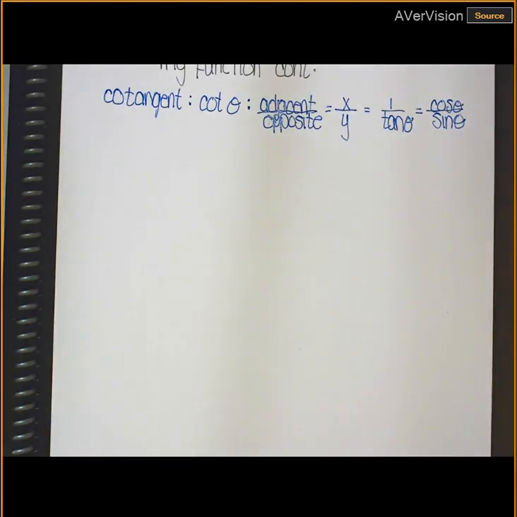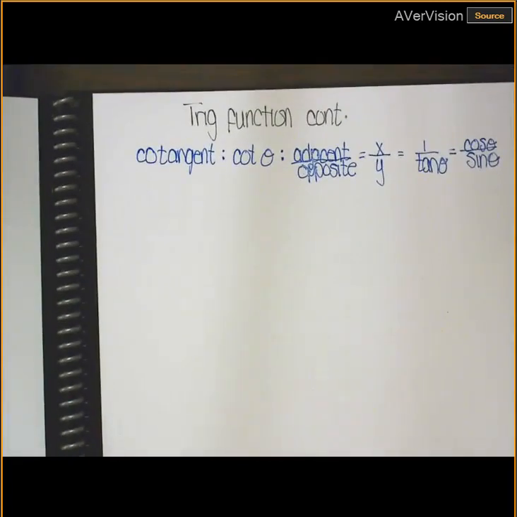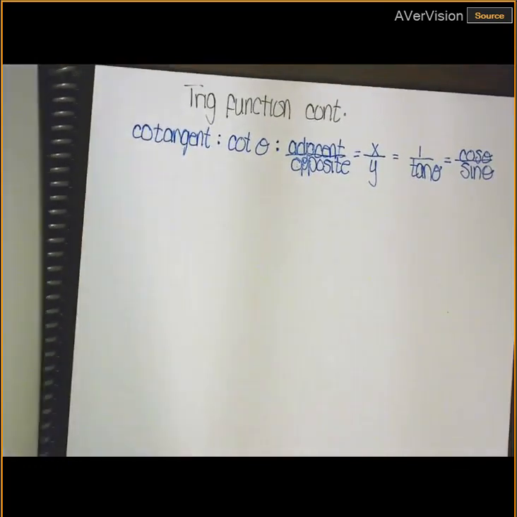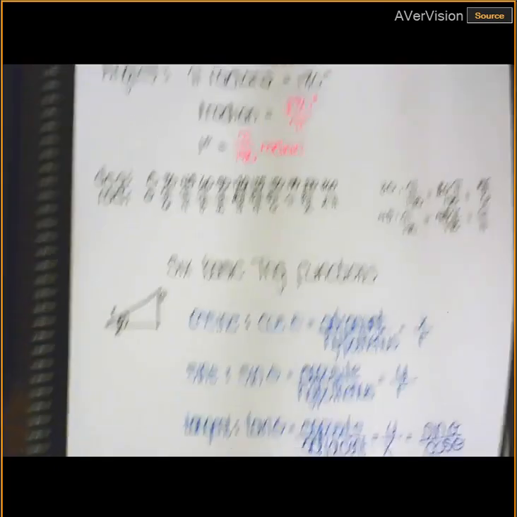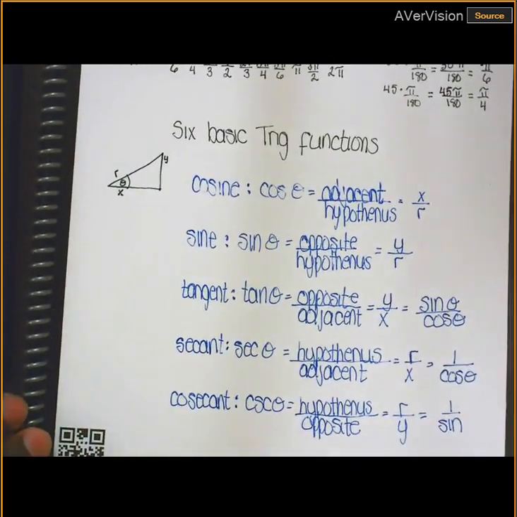Or is this new? Okay. Well, are we good so far? Alright, so all we've done so far is just list the 6 different trig functions and how to identify or represent them.